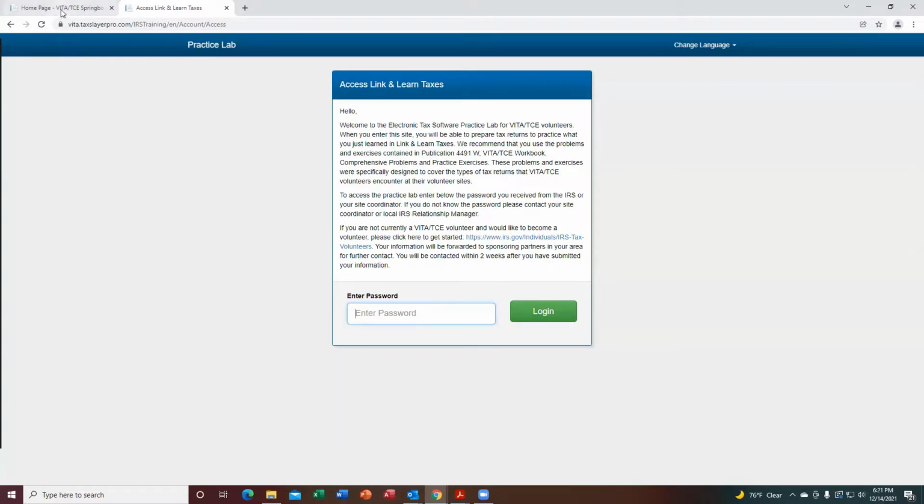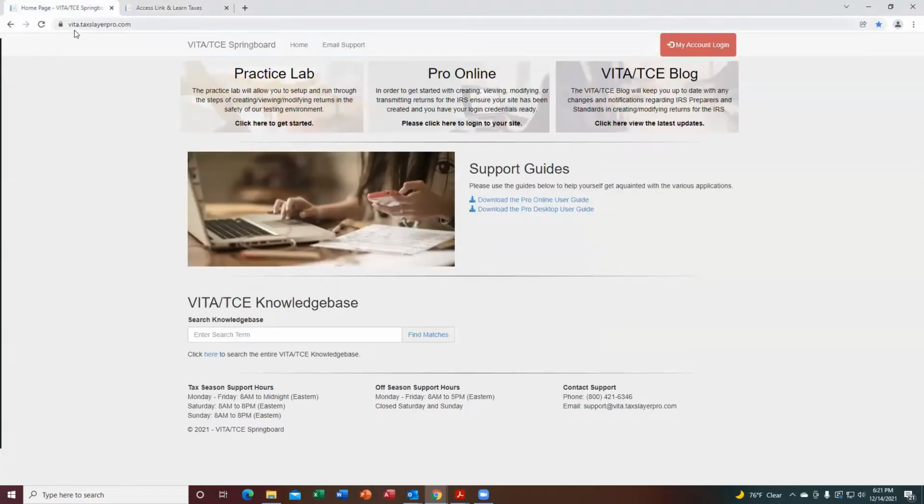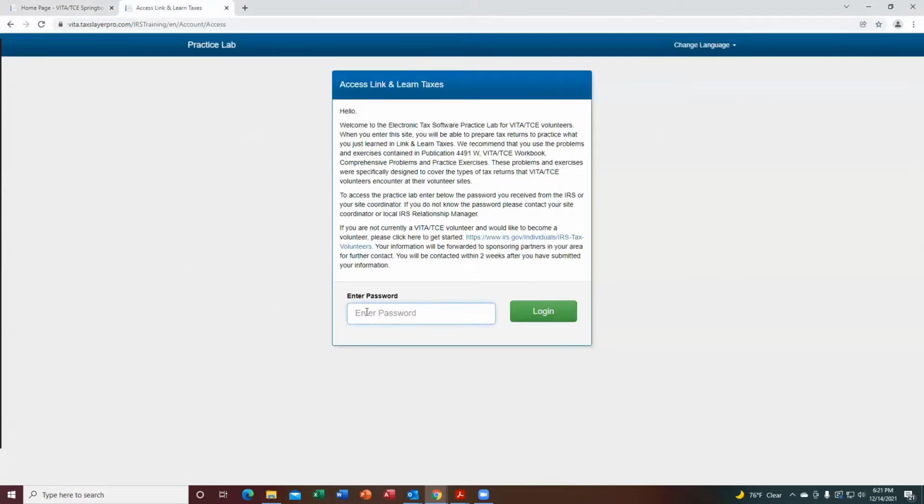The other way is to use the actual link or URL for the TaxSlayer Pro link. The only difference is, and let me just show you, I'm going to come in here and put in caps, Train Pro.